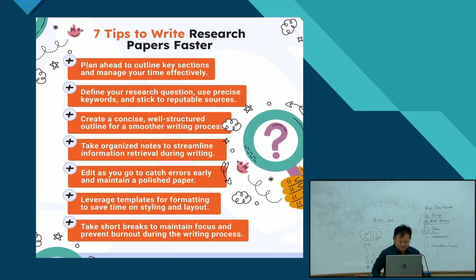It means organize your notes. Also edit as you go to catch errors early and maintain and polish papers. So editing means you are reading again and again, finding some errors, and then correcting the writing, sentence by sentence.